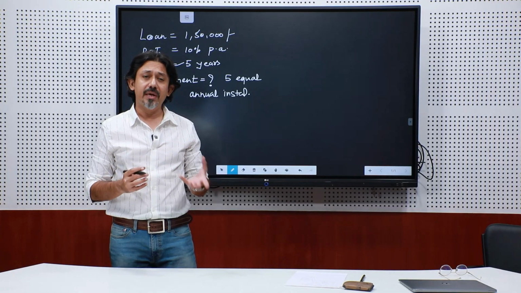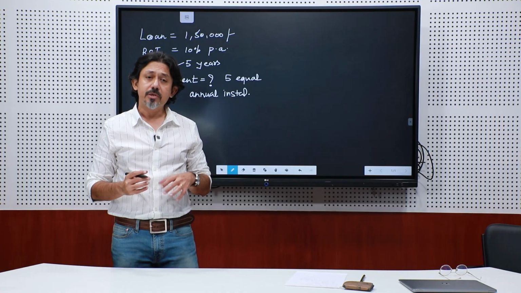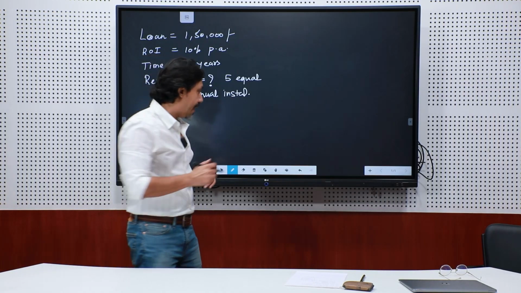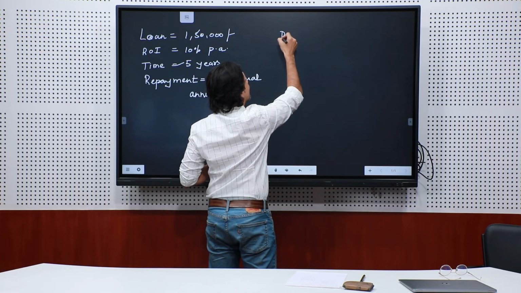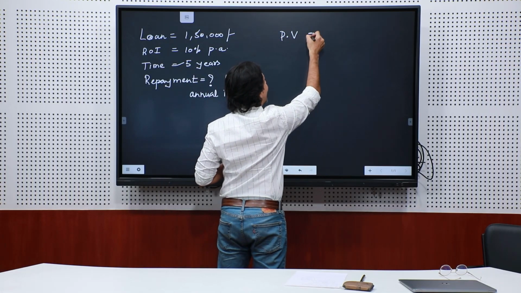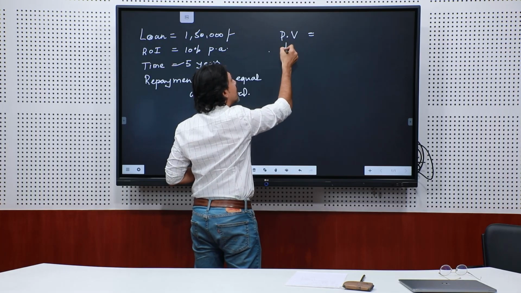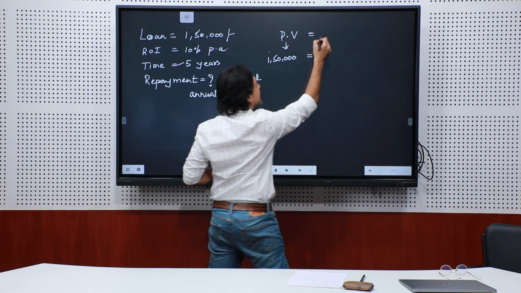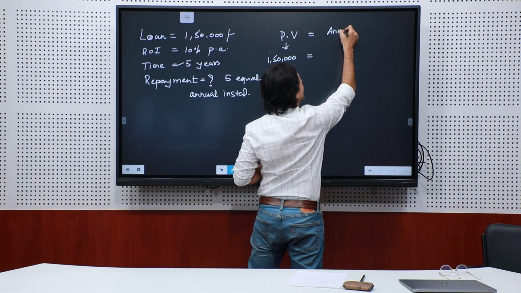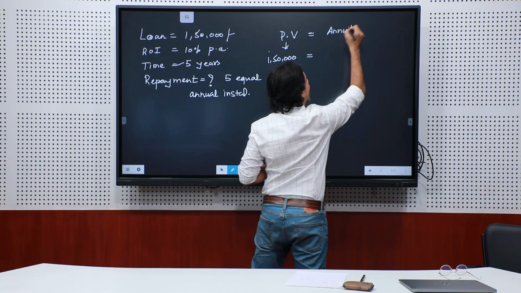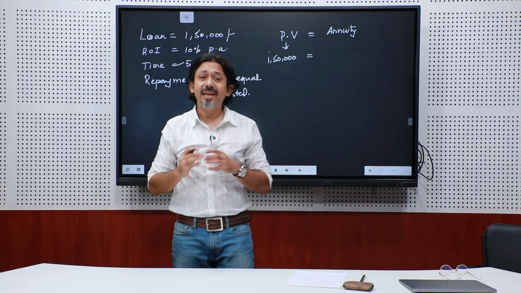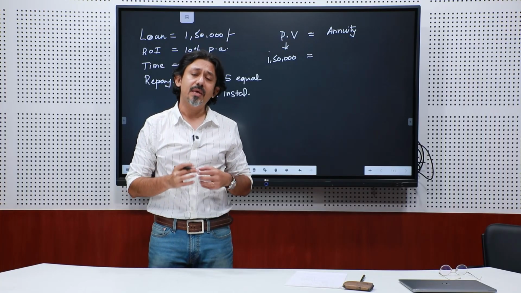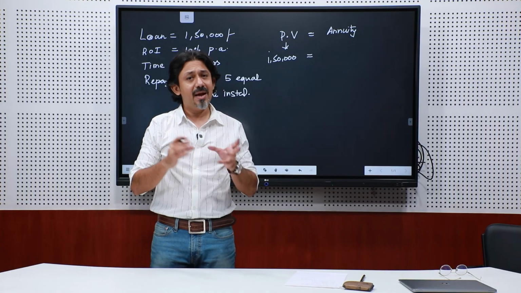Now, let us put this problem in a time value of money framework. What is the amount of loan that you are taking today? 1,50,000. So, the present value is 1,50,000 because that is the amount that you are taking today. This is equal to the annuity. Annuity is the equal amount of installment that you are going to pay. The definition of an annuity is the same amount paid periodically.